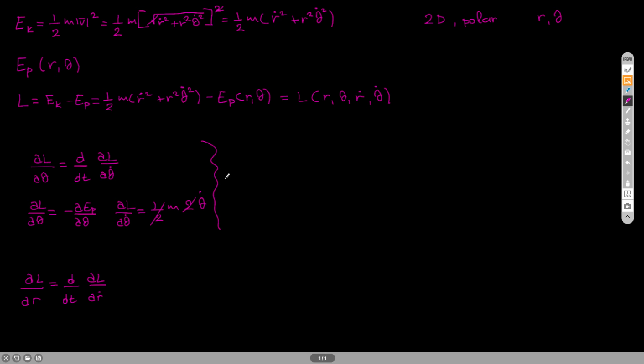Now, using all of these together gives me minus the partial of Ep with respect to theta is equal to d over dt of m r squared theta dot. I just realized I forgot the r squared, so I have an r squared here as well.